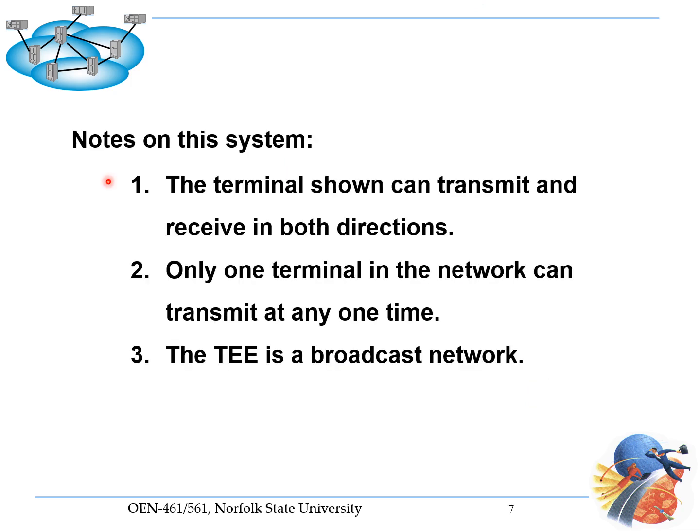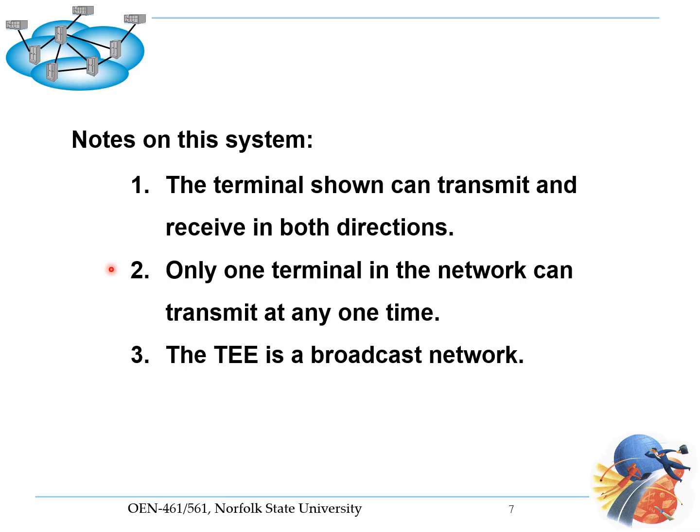Note that in this system, any terminal can transmit and receive in both directions. Only one terminal in the network can transmit at a time, because the signal from any terminal will be received by any of the other terminals.